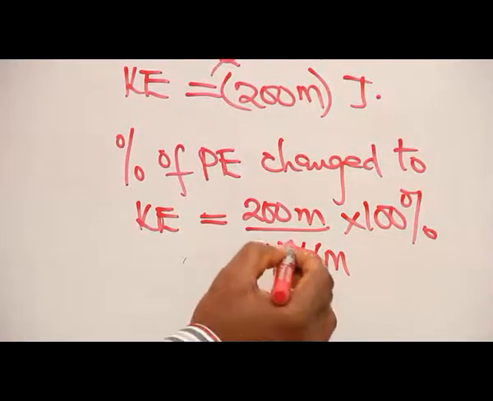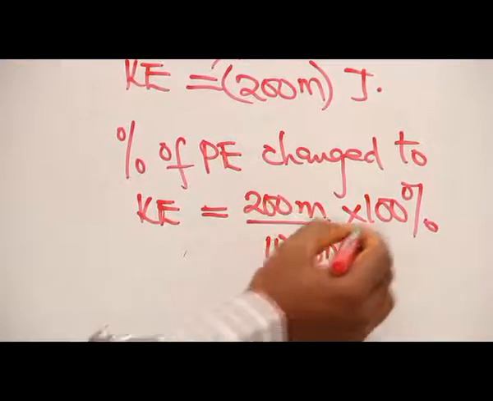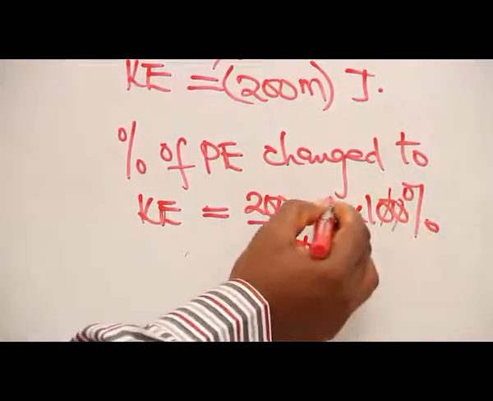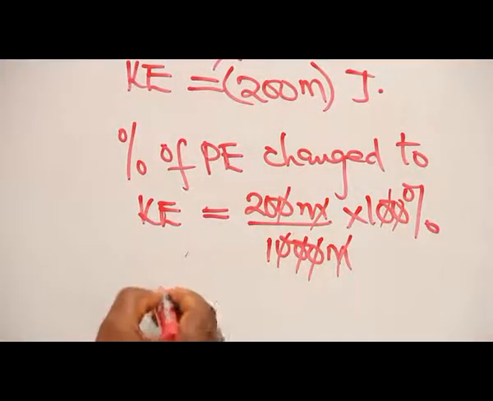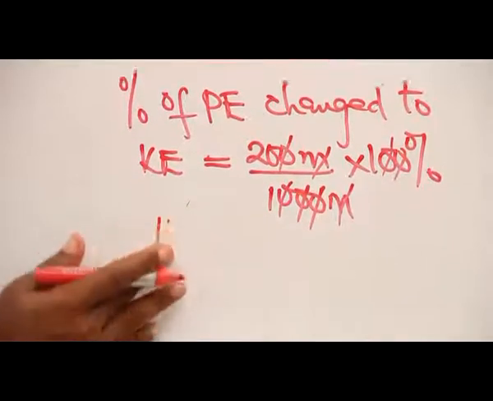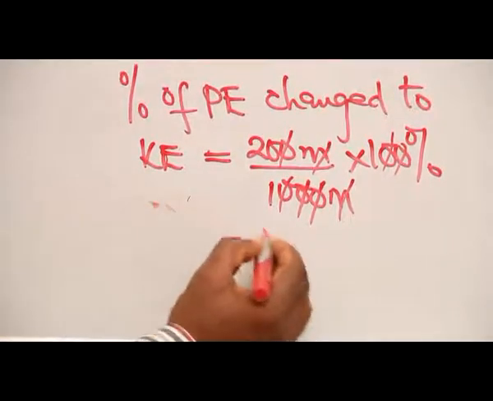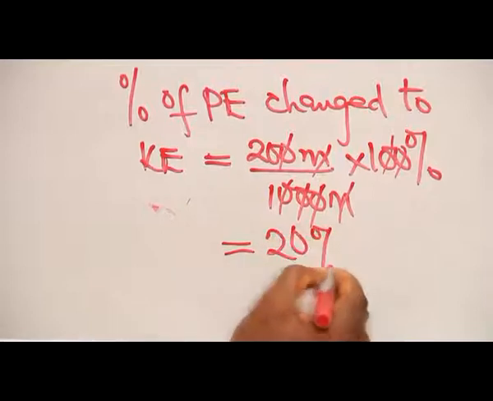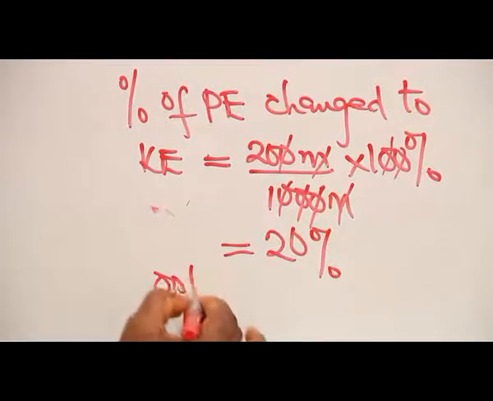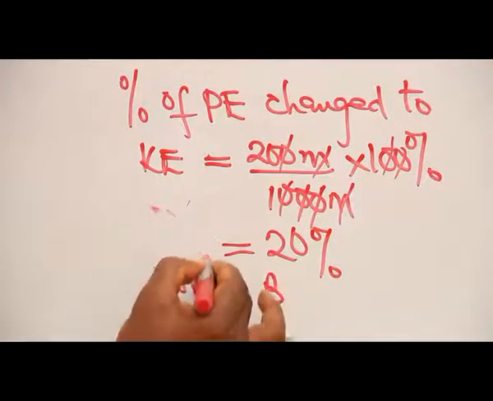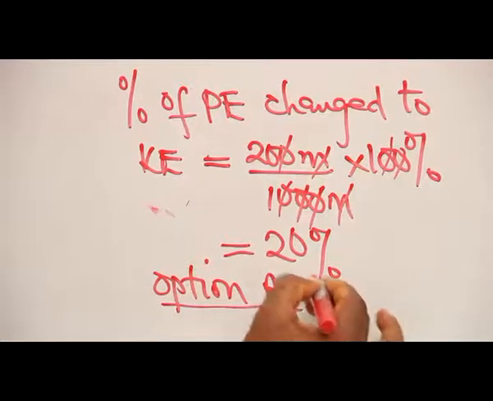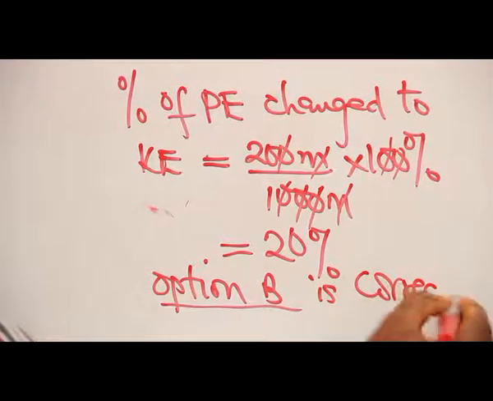This will cancel, the m will go. That percentage is 20%. Option B is correct.